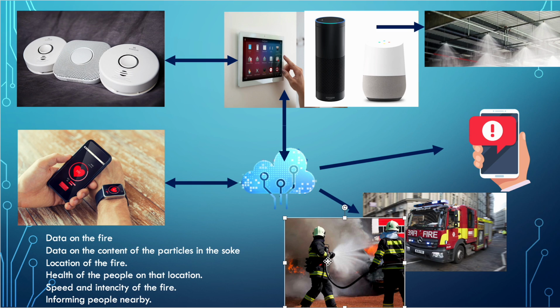If some poisonous gases emitting from the fire are detected by the smoke detectors, that information can also be relayed to the fire department to take necessary measures.